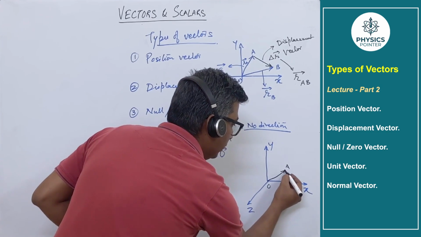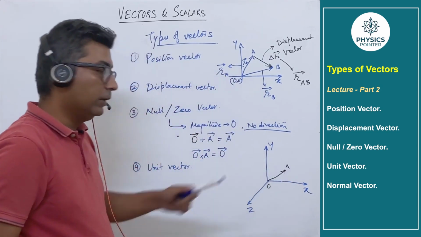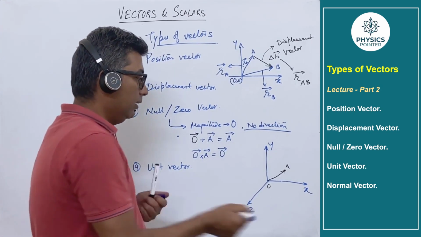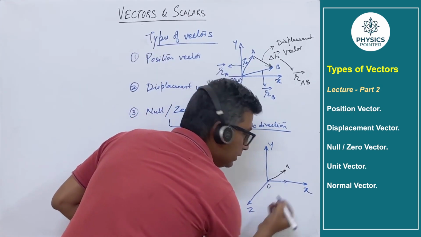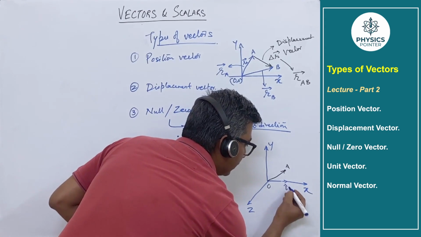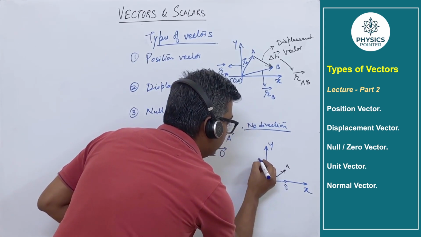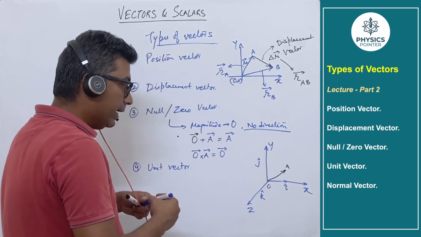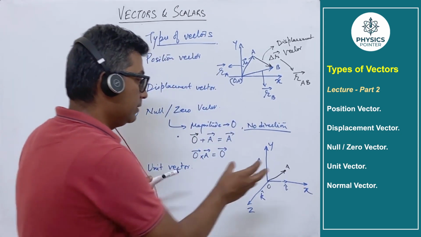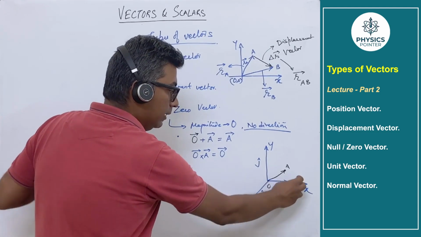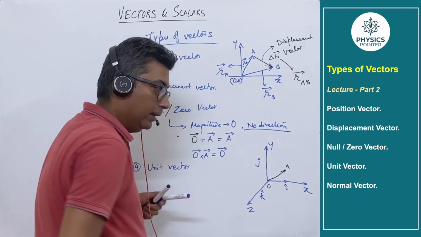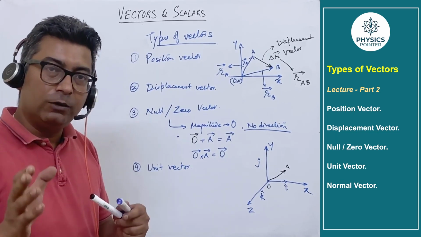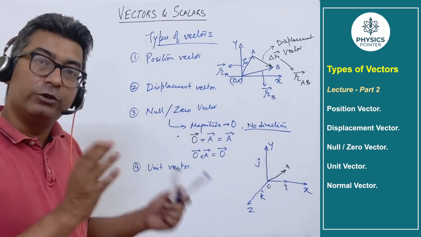Now if we need to resolve it to a unit vector, anything which is a unit vector is depicted as I, J, and K. So A can be represented in some value with I, J, and K. Before we understand the unit vector, let's also understand what is resolution of a vector.